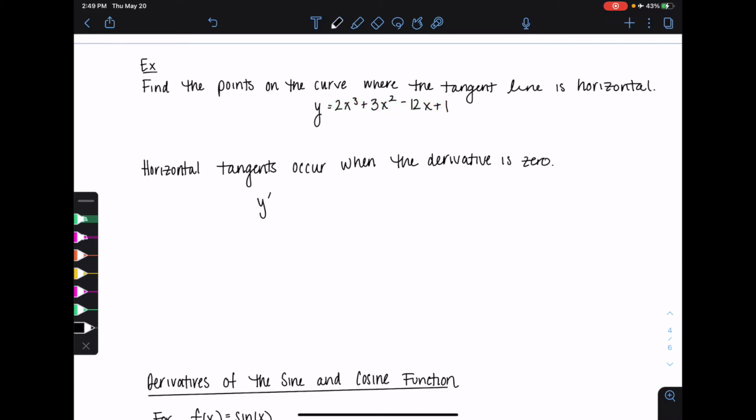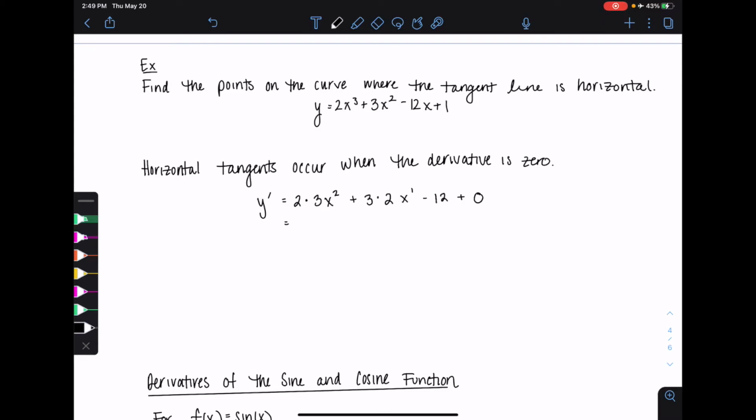So we bring the 3 down, decrease the power by 1. Bring the 2 down, decrease the power by 1. Derivative of negative 12x is negative 12. Once you bring the 1 down, then it becomes x to the 0. Derivative of a constant is nothing.